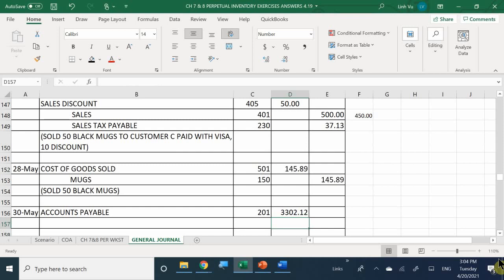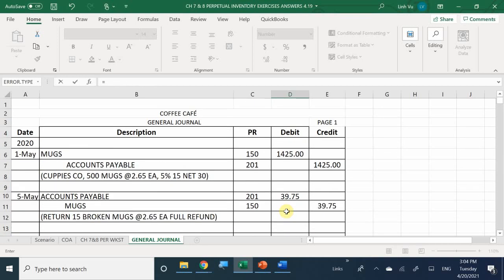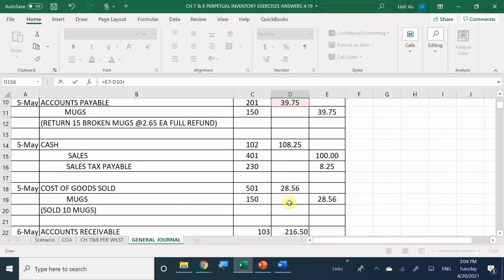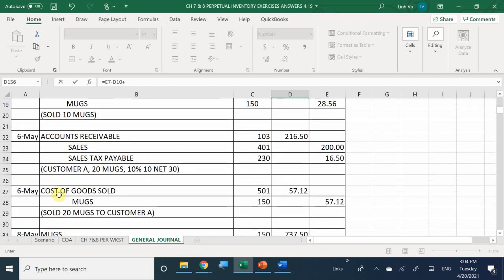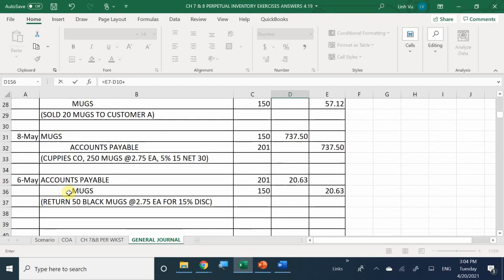Can we do that one more time? The how you did your formula? So here, I looked at my first bill. My first bill was the $14.25, but I ended up returning the $39.75. Okay. And then I have to add my second bill, which was on the 8th, to be an additional $737.50.